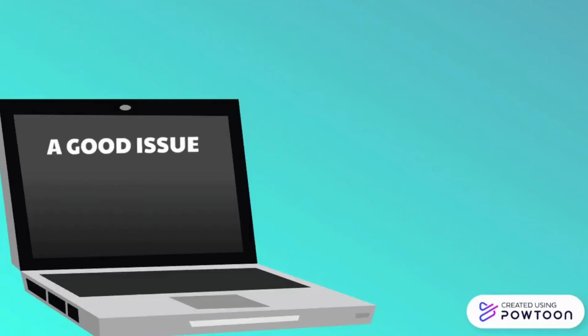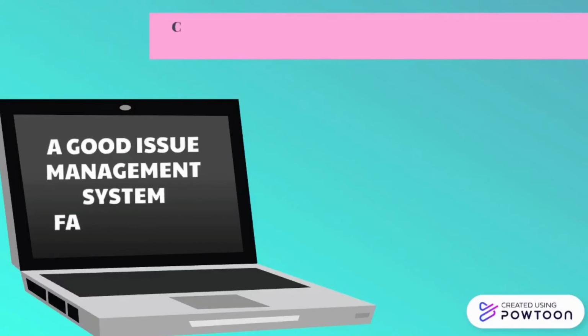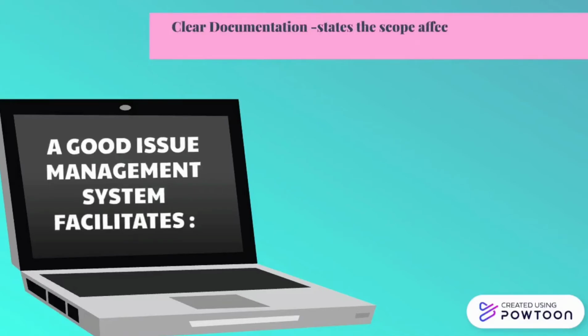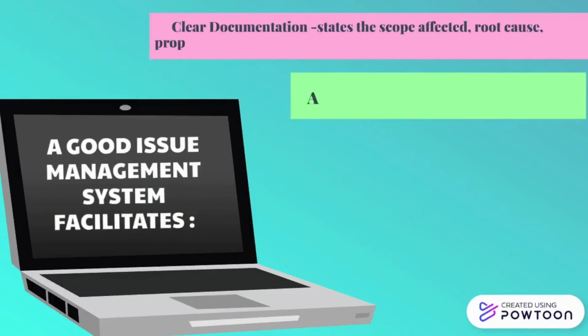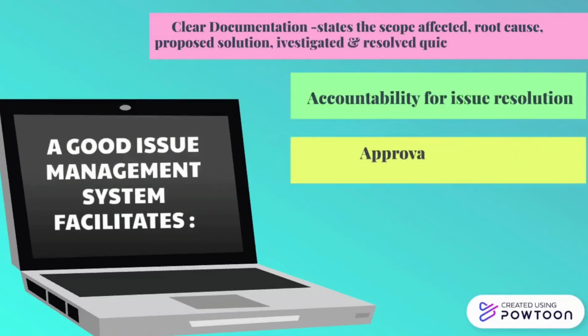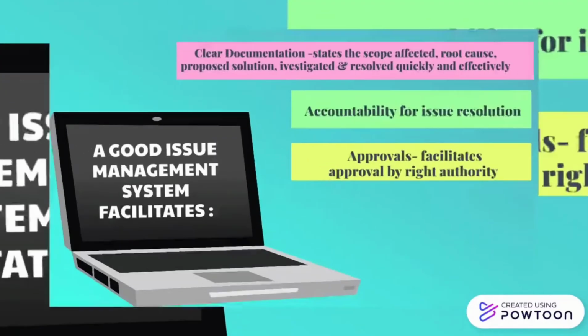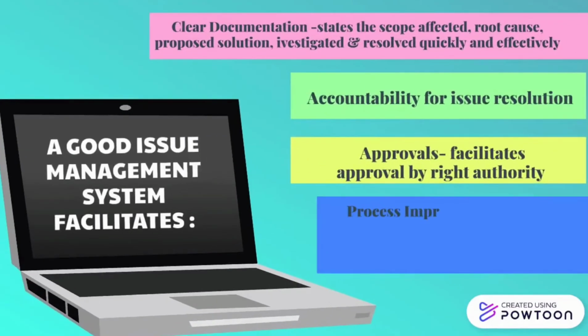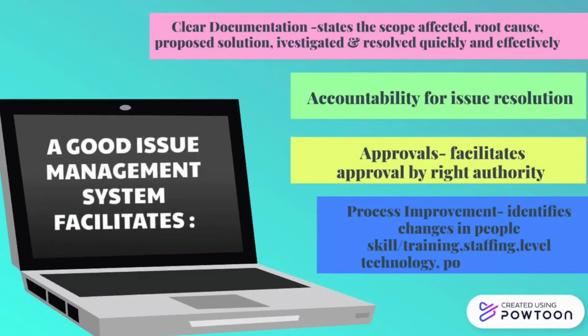A good issue management system facilitates clear documentation that clearly states the scope affected, root cause, proposed solution, financial impact and timetable, accountability, who will be held accountable, approvals, to facilitate approval by the right authority, in-service provider, and onshore client. And process improvement that can identify changes in people's skill, training, staffing level, technology, or policy processes. It is an analysis of trends across changes that will prevent future issues.